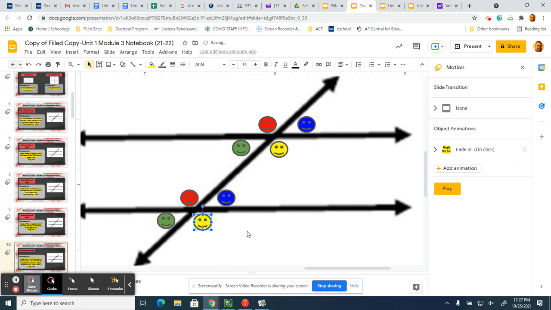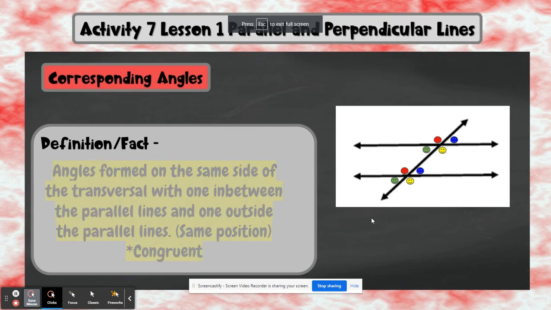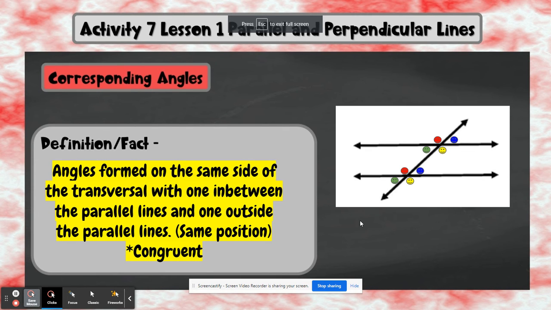So there are 4 sets of corresponding angles that look like this. Okay, so the final slide should look like this.